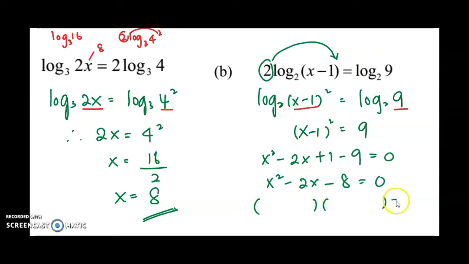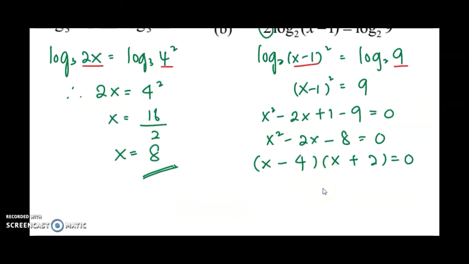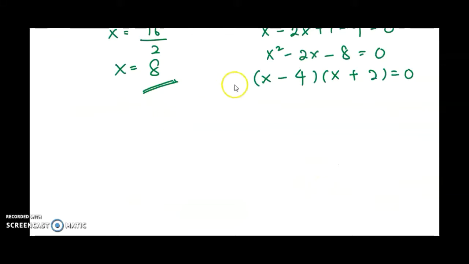Then try to factorize it. 8 consists of 4 multiplied by 2. So this one has to be negative and this has to be positive. We can always expand it back to see if our expansion is correct. Then we got the two answers, that is x equals 4, x equals negative 2.